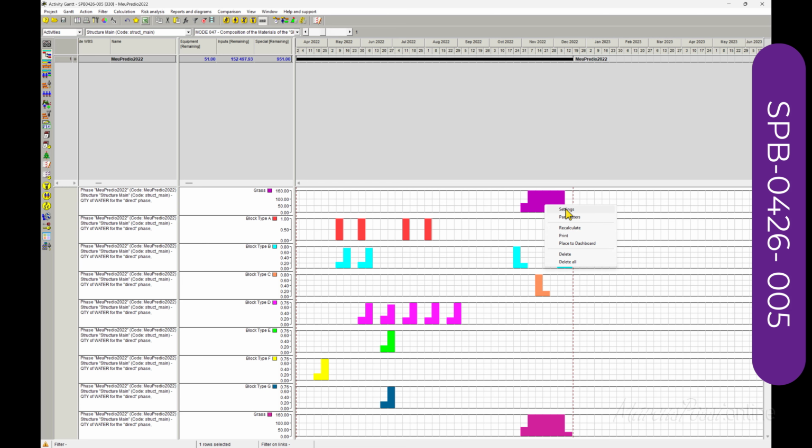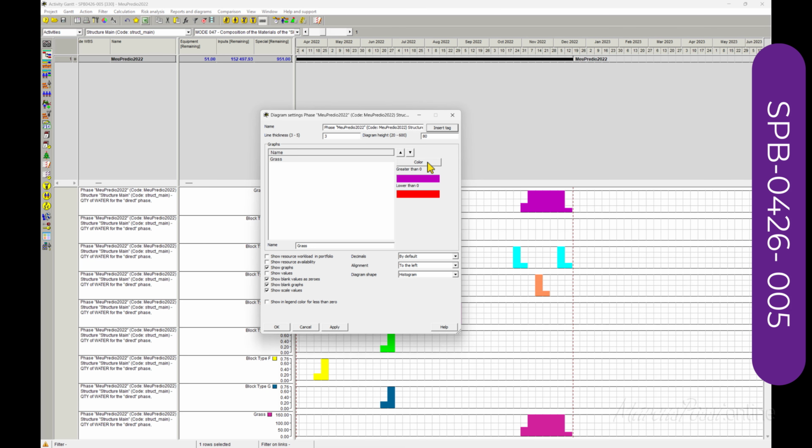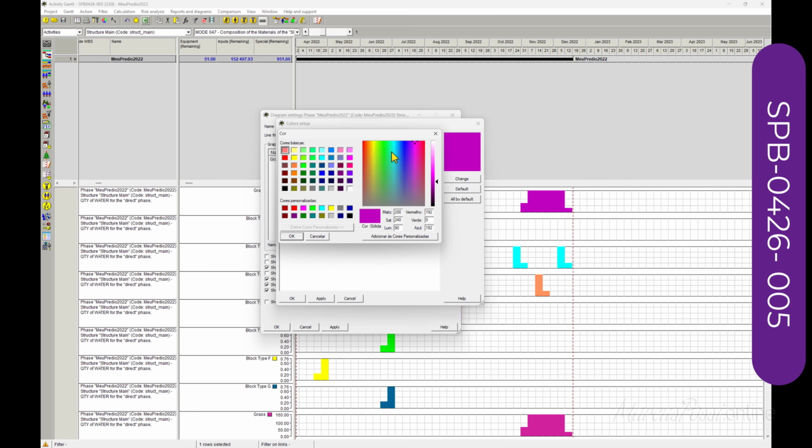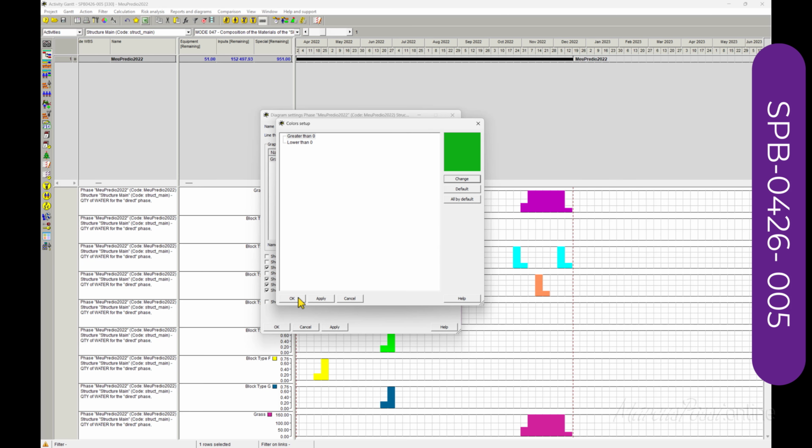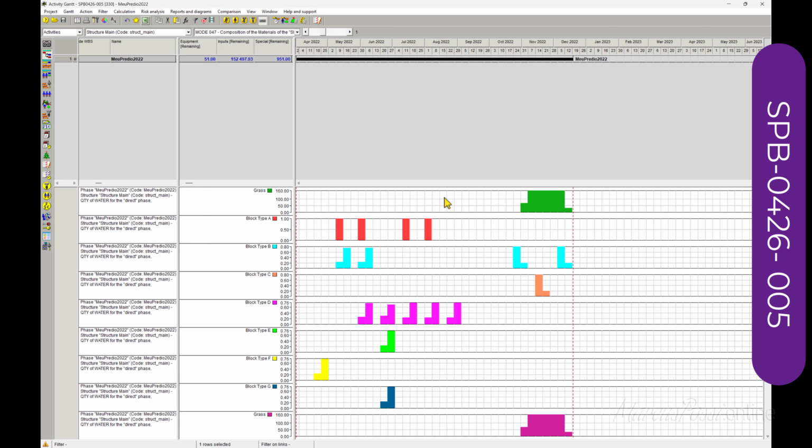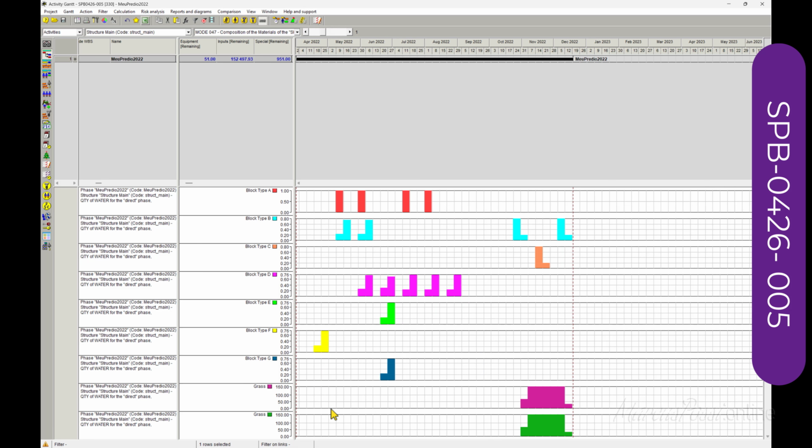Grass is green. If grass is green, I will move grass to the last position, the bottom. Oh, there is a grass here.